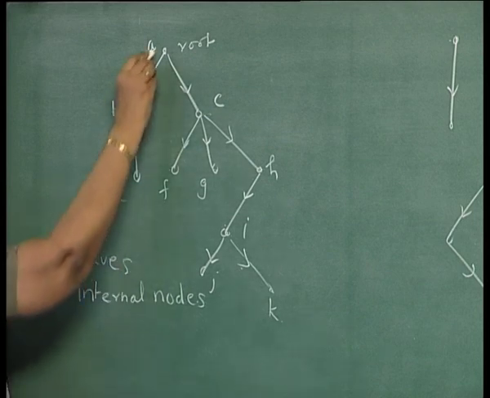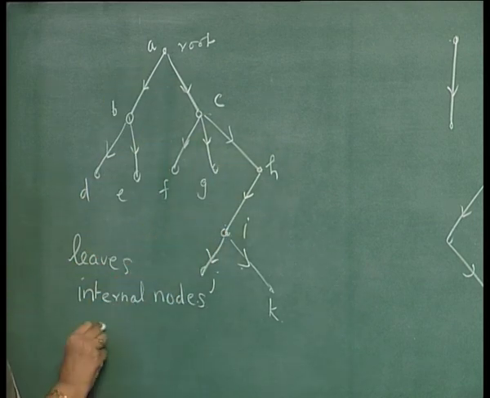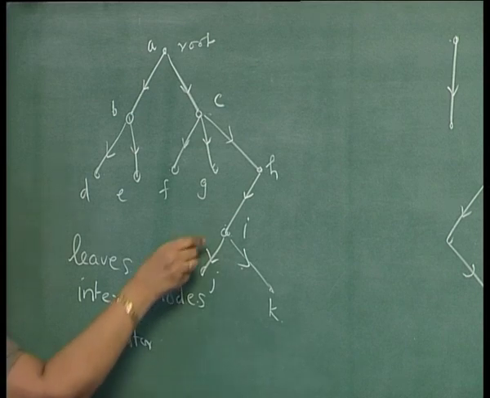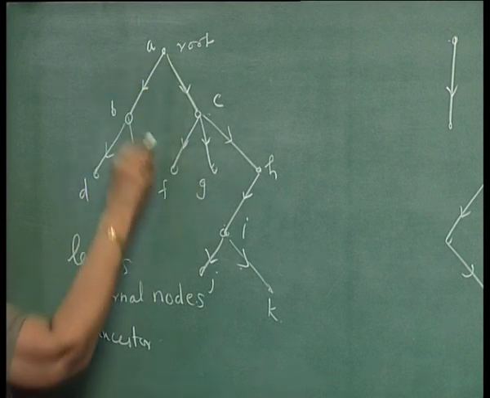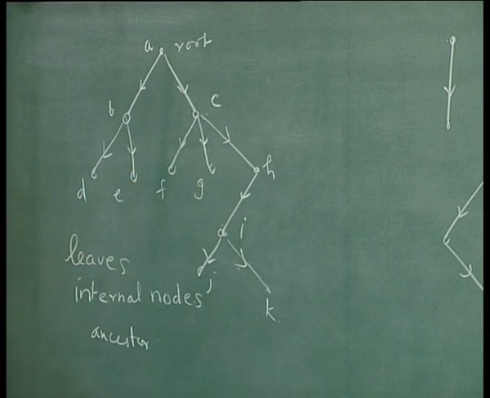Now, A is an ancestor of I. In the path it comes before I from the root. C is also an ancestor.